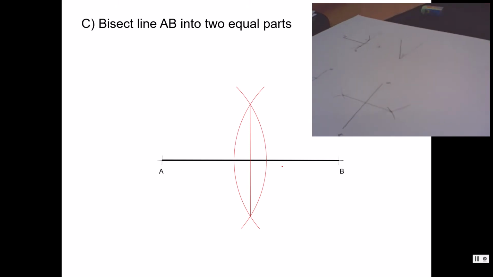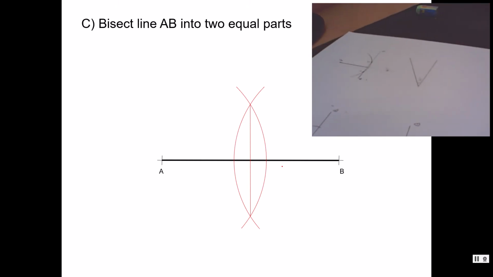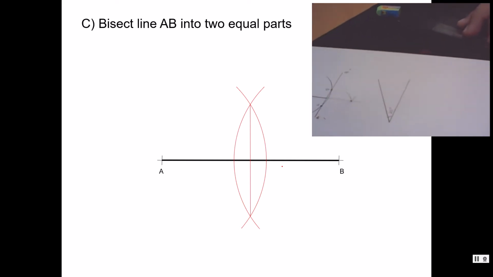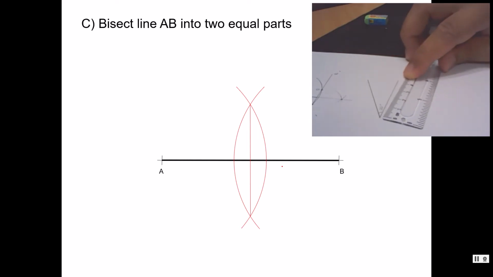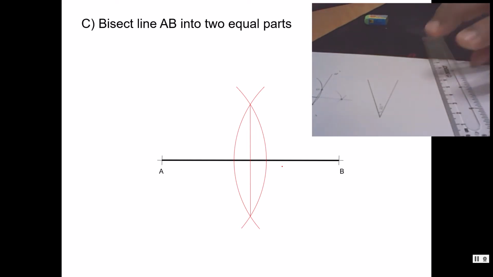Okay, and the last one, the activity for activity one, we want to bisect an angle. We want to cut the angle into two equal parts. So I'm going to show. Okay, I already drew an angle of 30 degrees. It's up to you actually what kind of angle you want to play around with. Yeah.